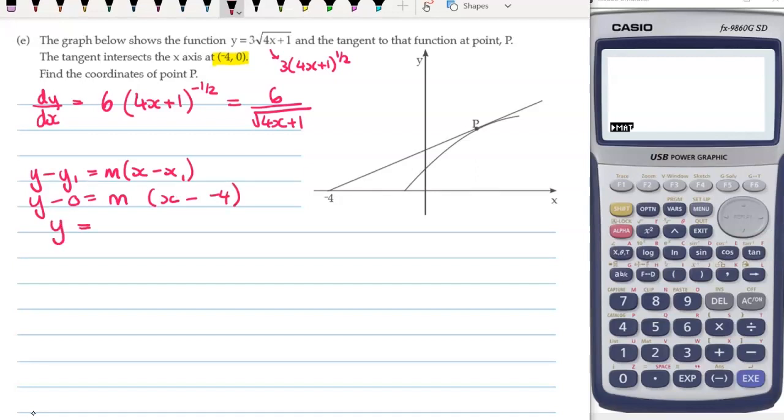So that gives us y is equal to, well, the m is the same gradient as we have here, so we can call that 6 over root 4x plus 1 times by x plus 4. So that equation is going to be 6x over the square root of 4x plus 1 plus 24 over the square root of 4x plus 1. Which actually probably makes more sense to put it all over the same denominator of the square root of 4x plus 1.